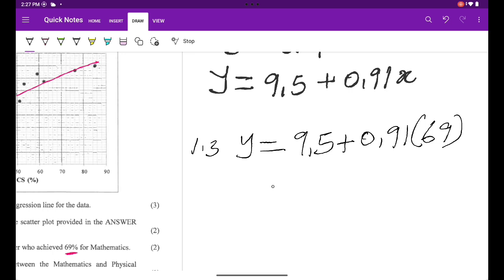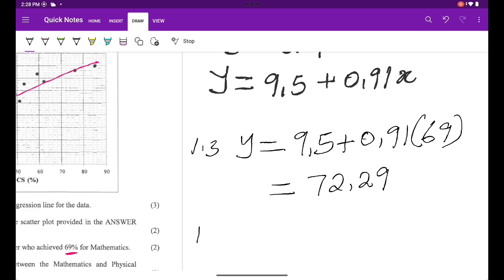Then simply punching your calculator there, you will get 72,29. So that will be the mark for physical science if a learner got 69% in mathematics. Right, so we'll predict that way.